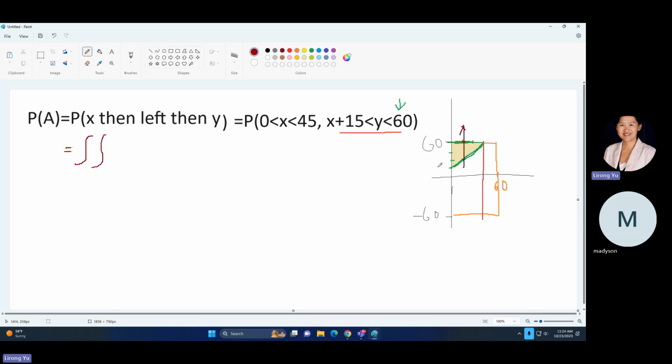The outside is going to be the integration for x, from 0 to 45, the dx. And the overall area is 60 times 120.